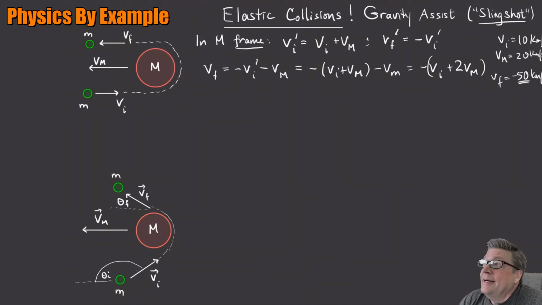Okay, so this is an unrealistic example, because if you dive in towards a planet at that speed, you're not going to come out in exactly the opposite direction. A more likely thing is what's going on down here. You're coming in to the planet and then you swing around and you're going faster than the escape speed from the planet.